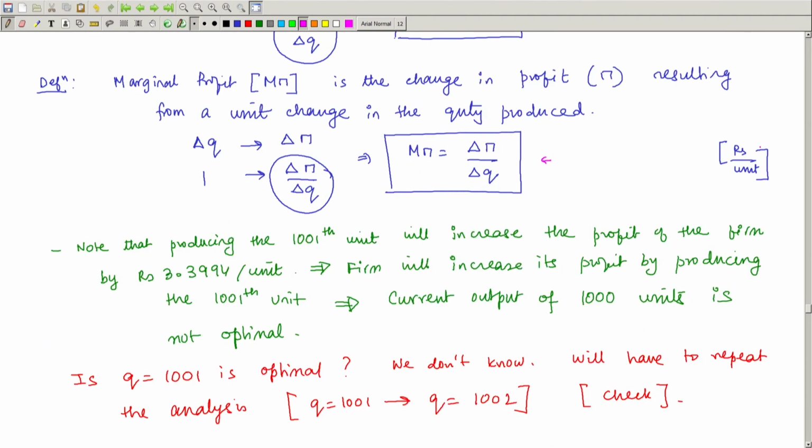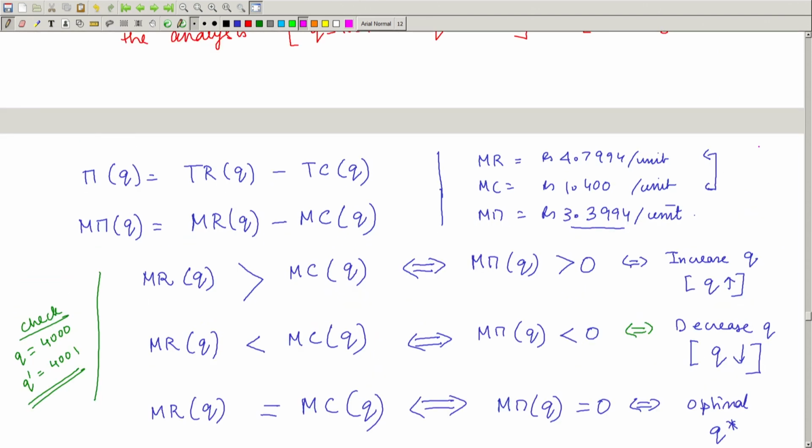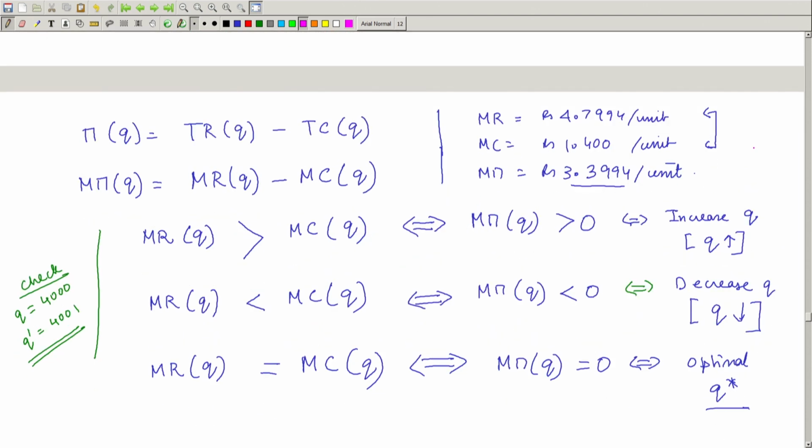If we compare this arithmetic, the main takeaway was that when marginal revenue is greater than the marginal cost, which implies that the marginal profit is also positive, the firm actually wants to increase the output. So moving from Q equal to 1000 to 1001 is actually an optimal choice for the firm.